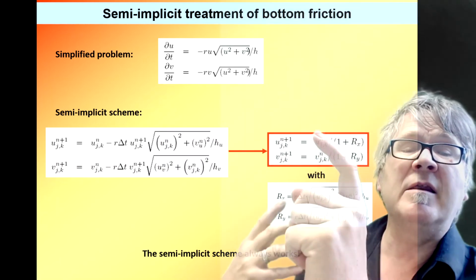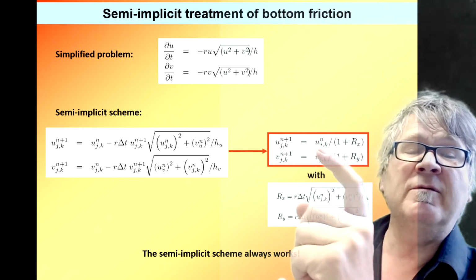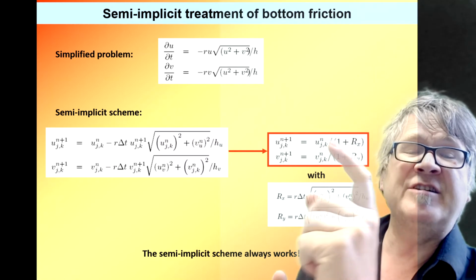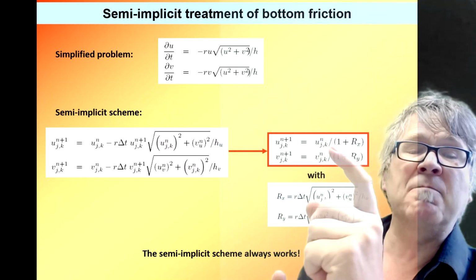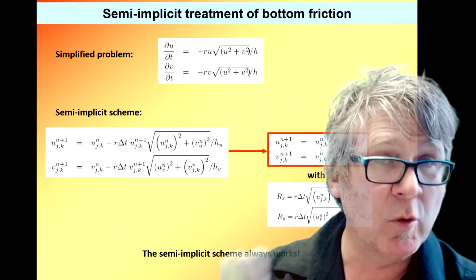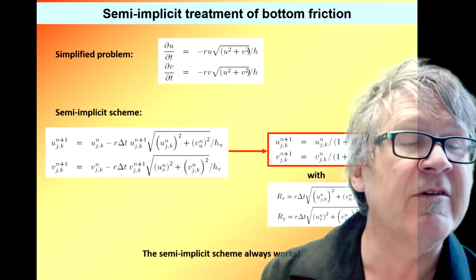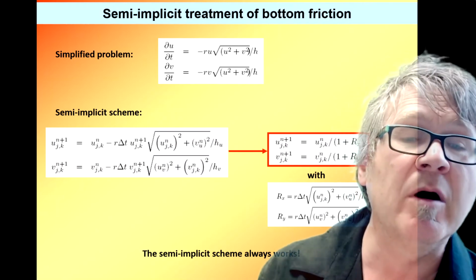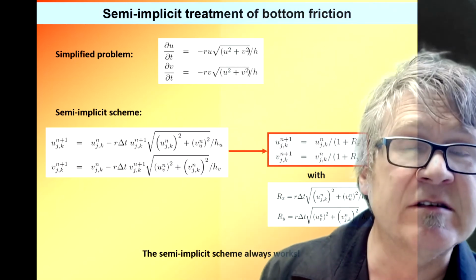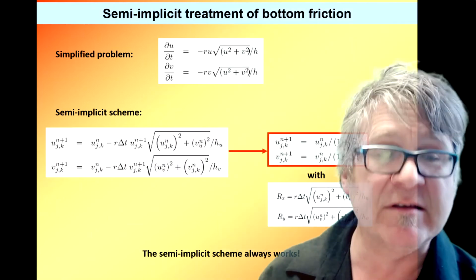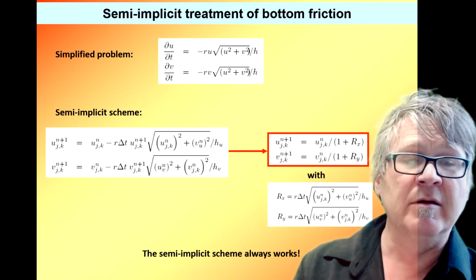So you have the current velocity components, and then the prediction takes this and divides by 1 plus a positive number, and if you work it out, you plug in some values, you always can only reduce the velocity magnitude. No matter how big R is, it's always a positive number.